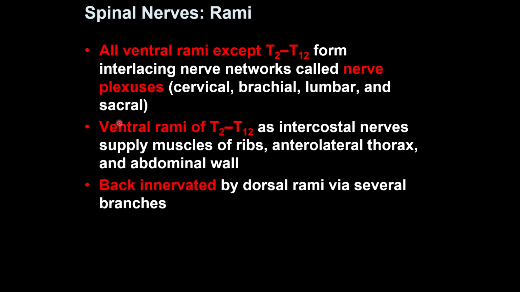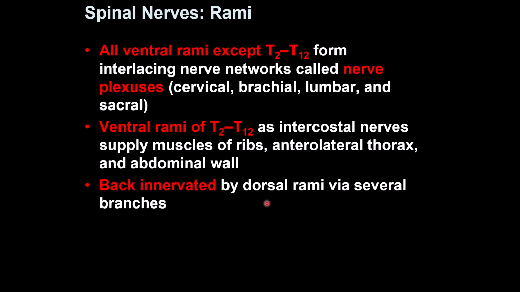But those ventral rami between T2 to T12 do not make any plexuses. What they make are intercostal nerves. These intercostal nerves are supplying the anterior and lateral part of the chest and the abdomen, so both sensory and motor.